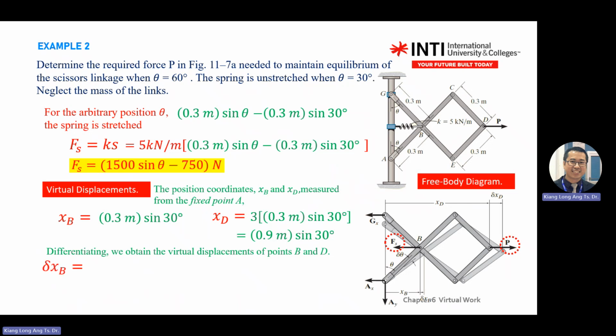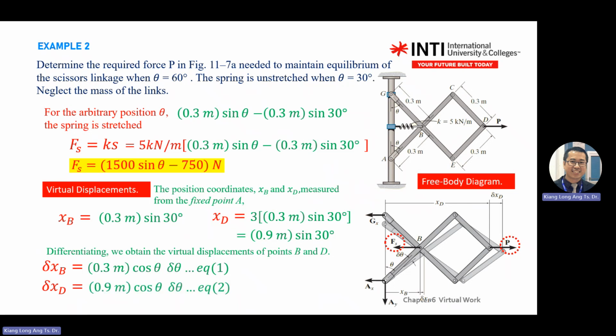Okay, then you do differentiation. dxB over delta theta. So this one is a constant, but sine becomes cos, and then you pull your delta theta to the right side. Same with here. Constant remains, sine we differentiate becomes cos.